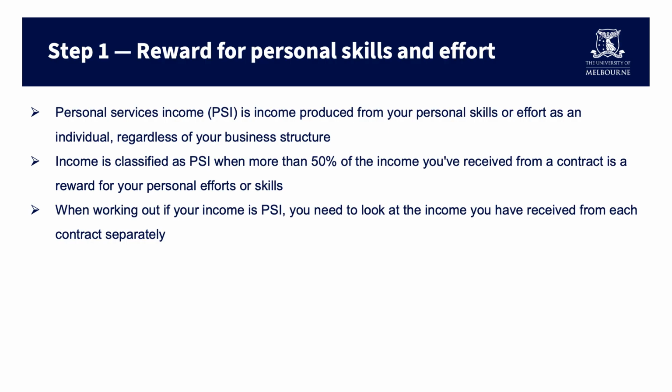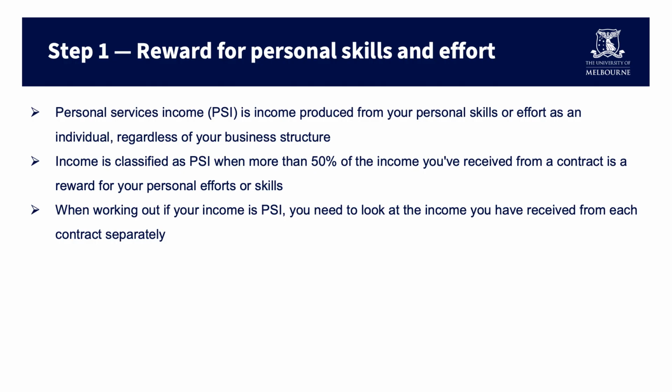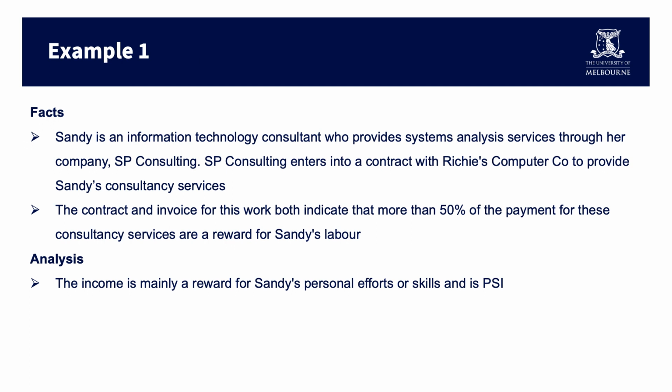Income is classified as PSI when more than 50% of the income you've received is a reward for your personal effort or skills, rather than being generated by use of assets, the sale of goods, or by a business structure. When working out if your income is PSI, you need to look at income you've received from each contract separately. For example, Sandy is an IT consultant who provides system analysis services through her company SP Consulting.